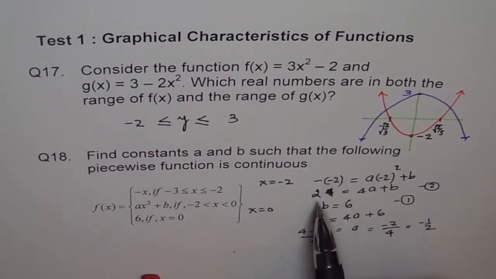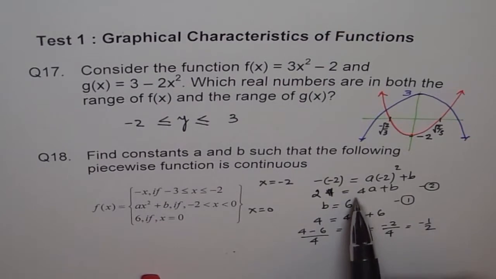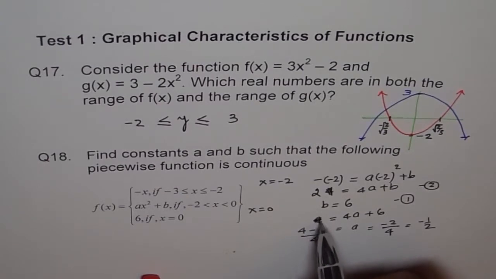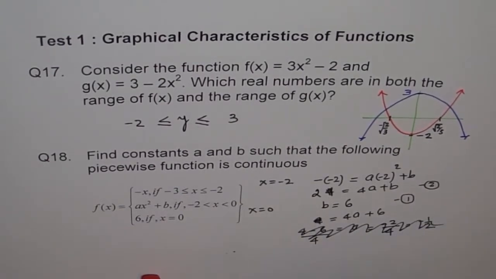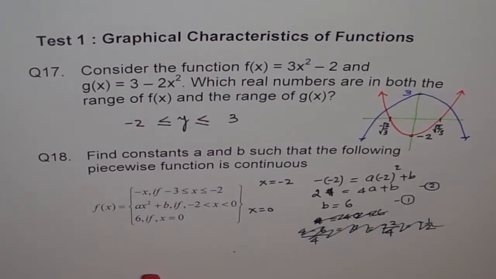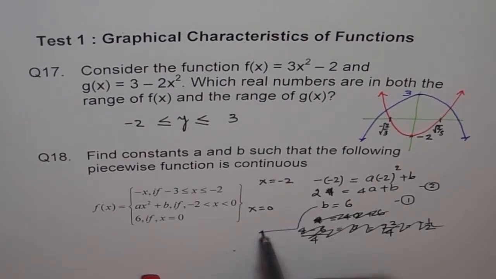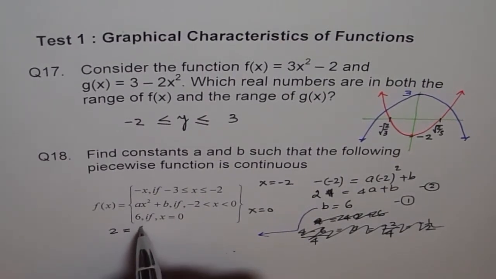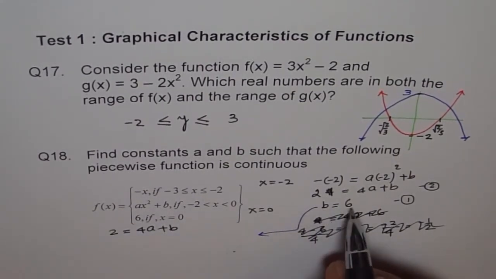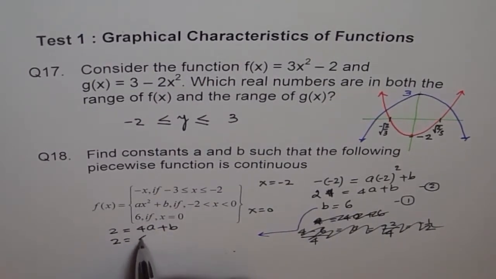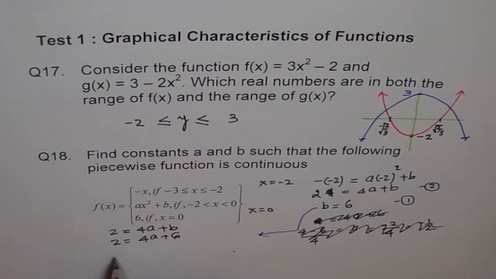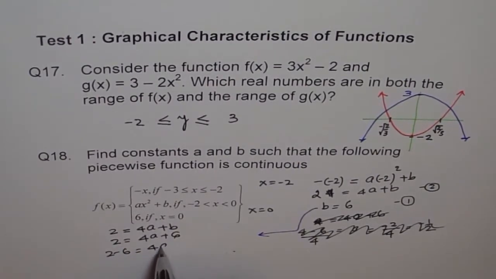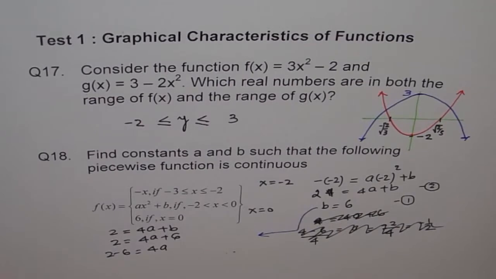So minus of minus 2 is 2, and then we have 4a plus b here, and we found b as 6. So we'll plug 6 here, and let me do this again. So we have equation 2 equals 4a plus b, and since b is 6, we'll write 6 here, right? So 2 equals 4a plus 6, and then 2 minus 6 is equal to 4a. 2 minus 6 is how much?